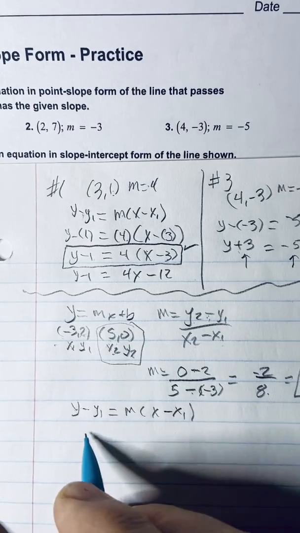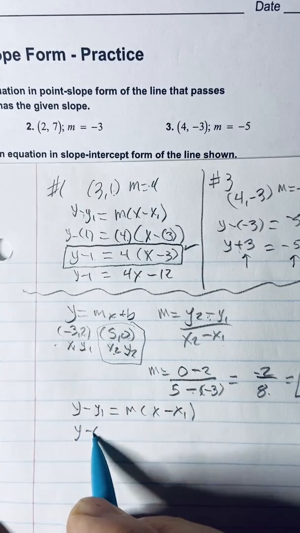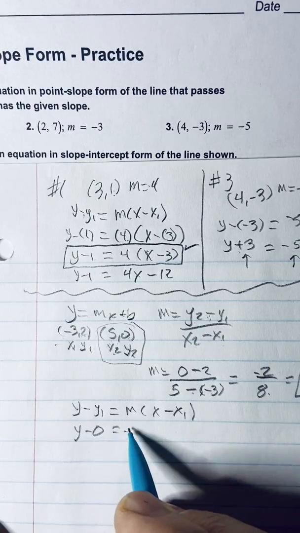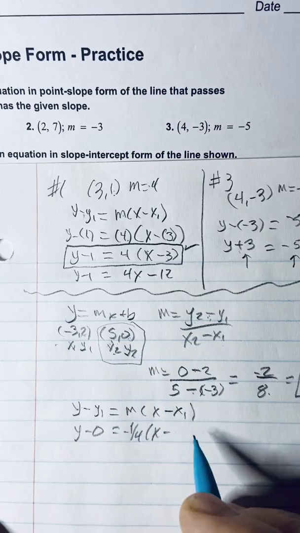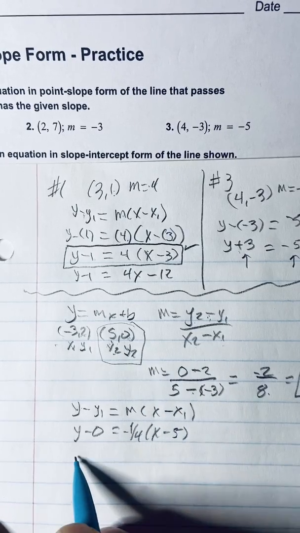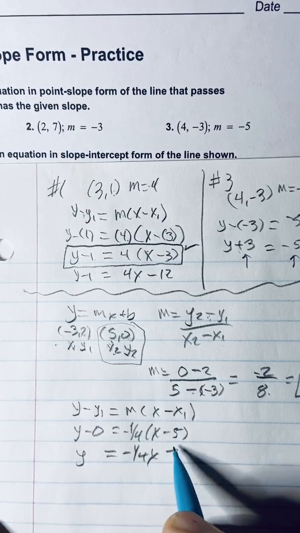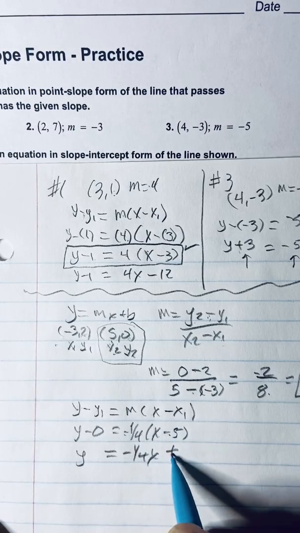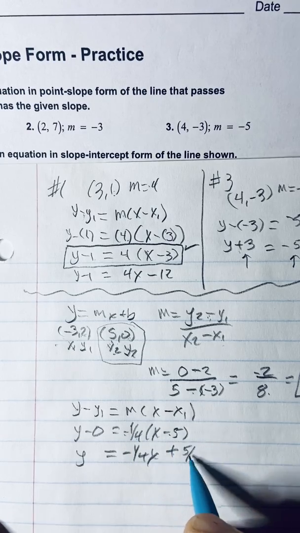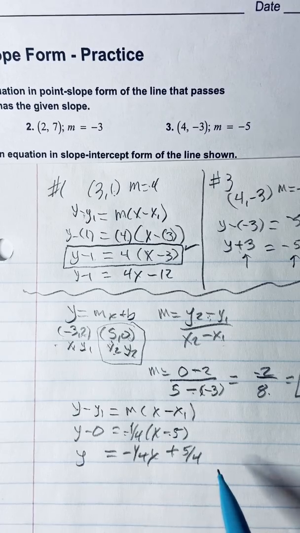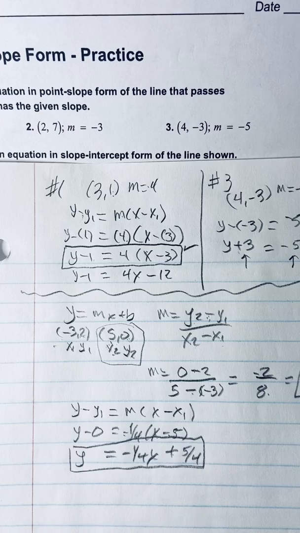Y minus 0 equals negative 1/4 times (x minus 5). Y equals negative 1/4 x plus, negative times negative is a positive, 5 divided by 4. And I'm done.